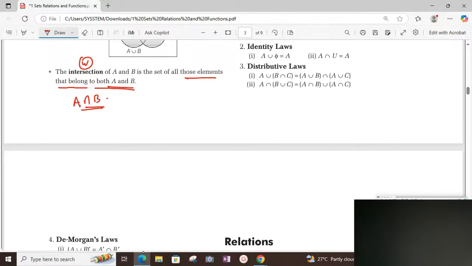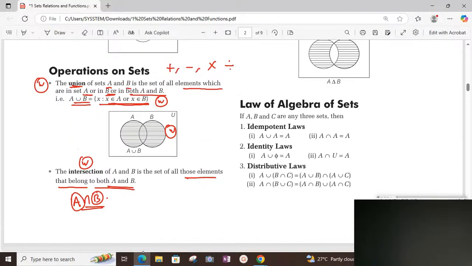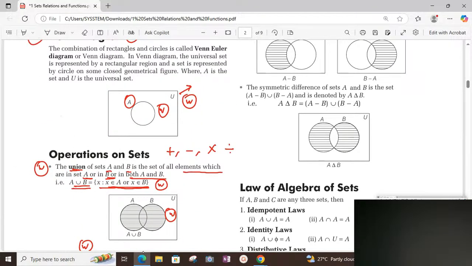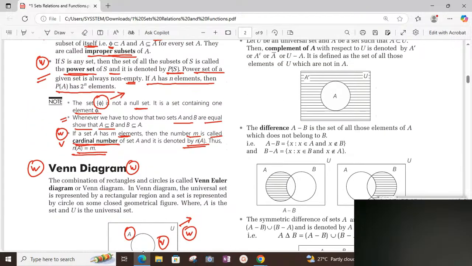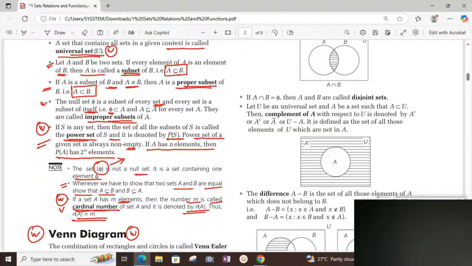We read A intersection B as a set whose elements are all the common elements of A and B. Let's see the Venn diagram of this one, and the set builder representation of A intersection B.